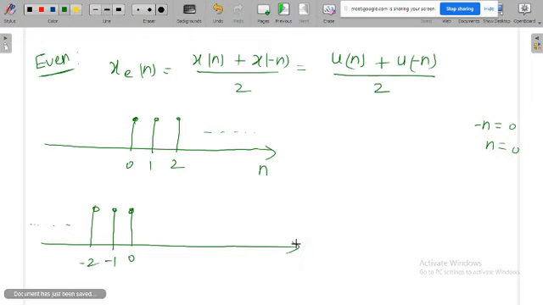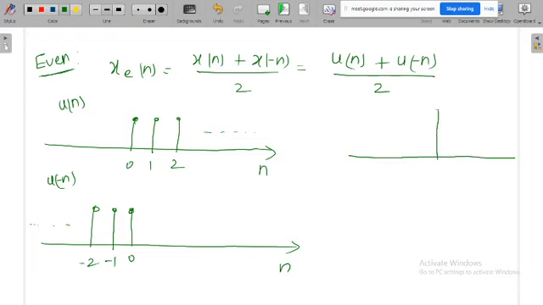This is u of n, and this is u of minus n. Once you add these two signals, you will get sample values of 1 in all the samples except at n is equal to 0, because at n is equal to 0 both the signals have samples. So at n is equal to 0 you will get the sample value of 2, and in all other cases you will get sample values of only 1, at n is equal to 1, 2, and minus 1, minus 2.